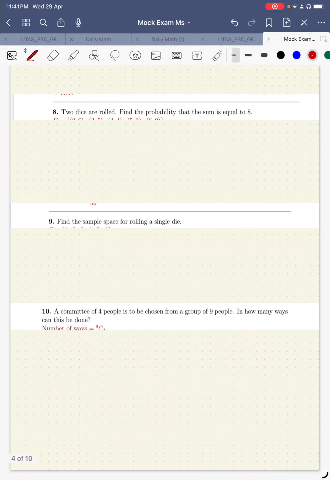Now let's go to the second page where we're going to have questions 8, 9, and 10. So let's read question 8. Two dice are rolled. Find the probability that the sum is equal to 8. Two dice, which means نردين دحرقناهم، أم بيكون الرقمين اللي نطلع منهم مجموعهم يساوي 8.